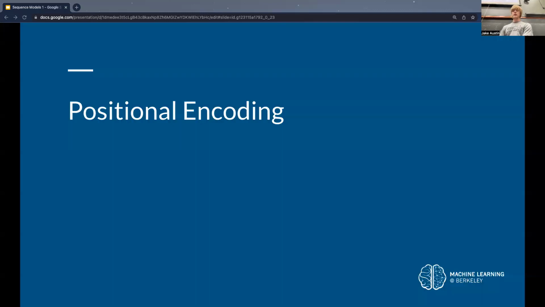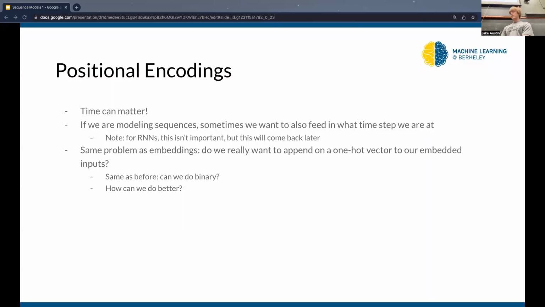The last section is positional encoding. How much time has elapsed can matter, and what position we are in our sequence can matter. It's probably not as important for text data, but in a lot of domains, what time of day something happened might matter.